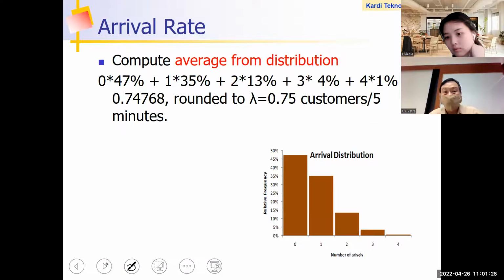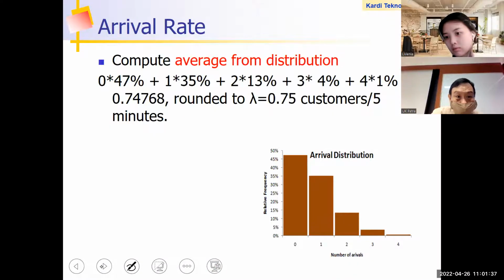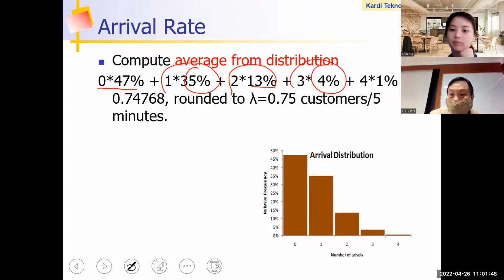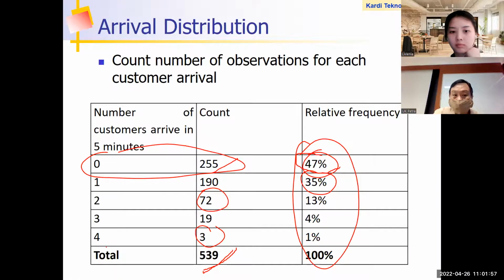Then you calculate the average. How do you calculate the average? From the probability distribution, we know this is 47% and then 35%, right? Then you put 47% times 0, 35% times 1, 13% times 2, 4% times 3, and 1% times 4. What is that? 1, 2, 3, 4 is the number of customers in that 5 minutes.